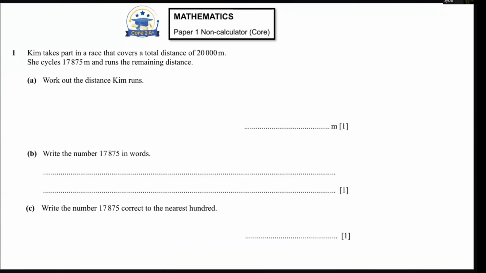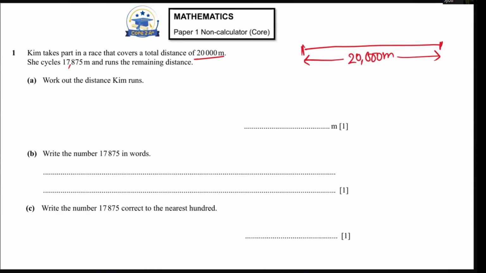Question number 1: Kim takes part in a race that covers a total distance of 20,000 meters. She cycles 17,875 meters and runs the remaining distance. So this is the total distance, 20,000 meters, right?